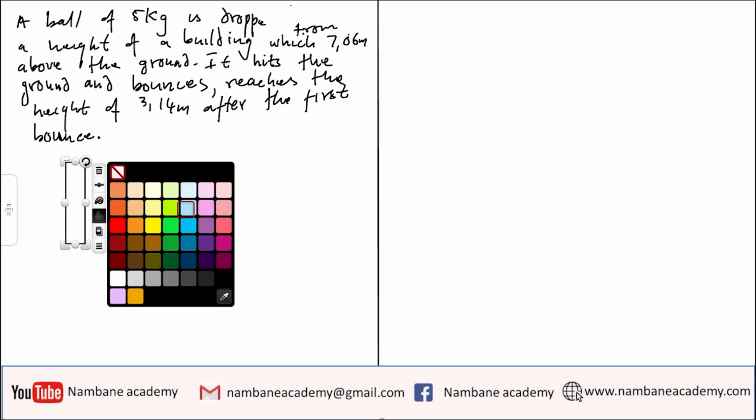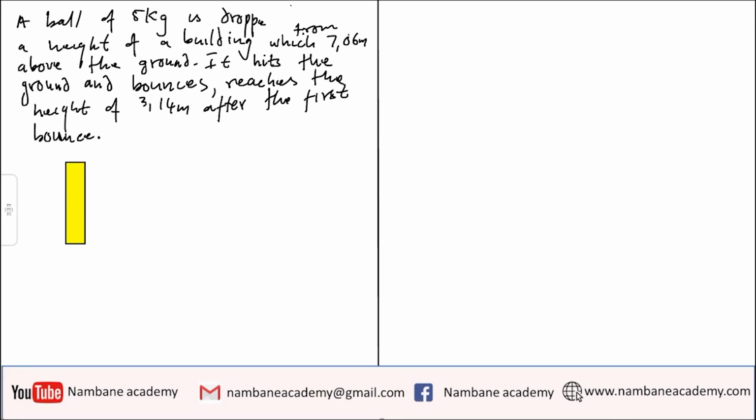Ladies and gentlemen, it is easy to say the sketch should tell us that this is our building. Let's make it in yellow. And this is our ground. And I can easily label everything. What are the examiners telling me? I have a ball with a mass of 5 kg.